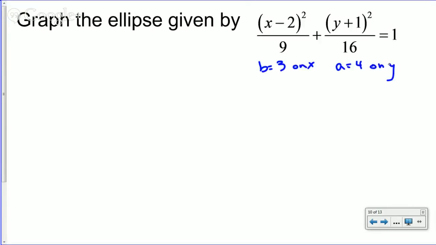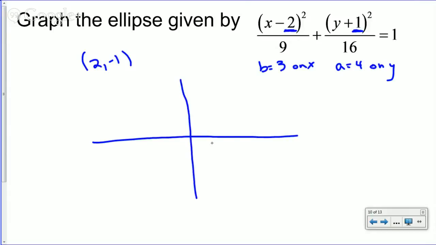Okay, so it's not on x and y, that's just on the x direction. And notice it's not centered at 0, 0. It is actually centered at (h, k), which is (2, -1). Okay, so if I go 2, -1, so 1, 2, -1, there's my center, not my vertex.